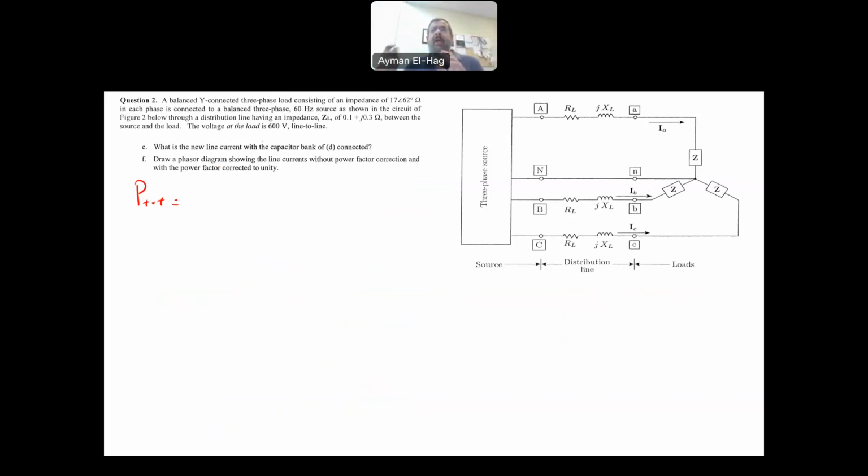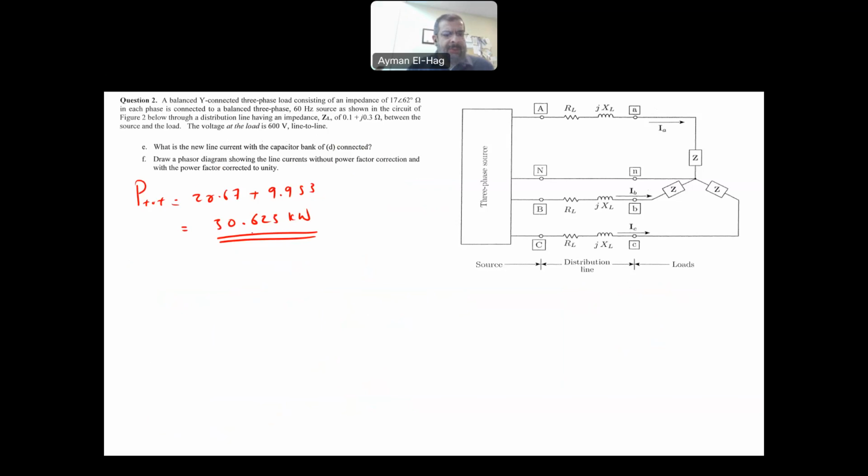So the P total of the two loads, which is the Y load and the motor, and the capacitor, will be equal to the summation of the two loads, 20.67 plus 9.953, and this will give me a total of 30.623 kilowatt. So this is your P total.